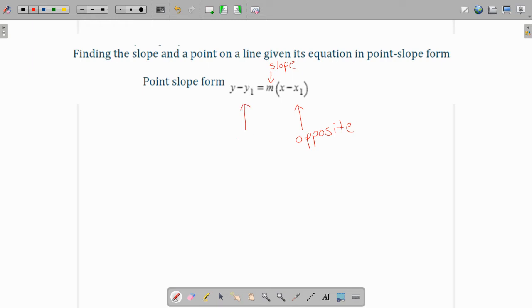Okay, so we use the opposite. So what we're about to look at is the point will be the opposite. So if it's minus x1, you do a positive x1. Minus y1, you do a positive y1. So x1 comma y1.